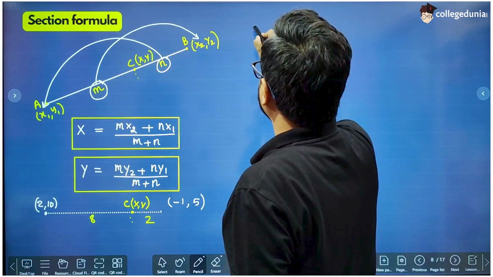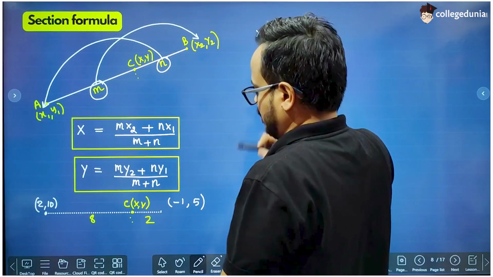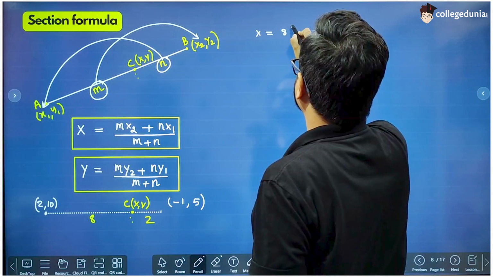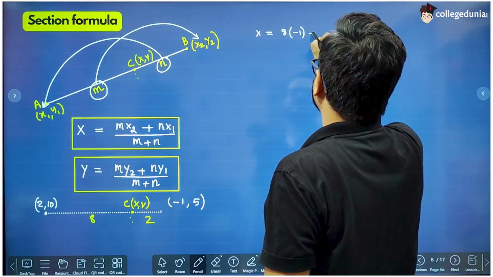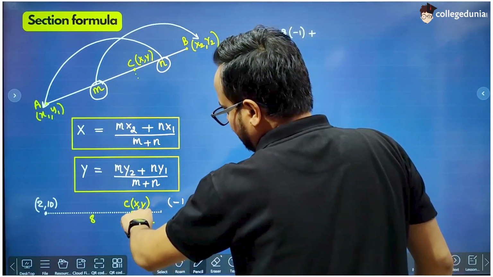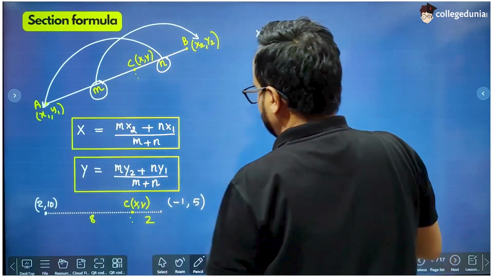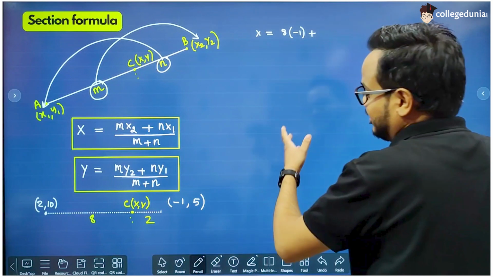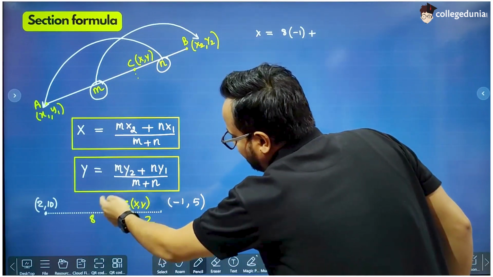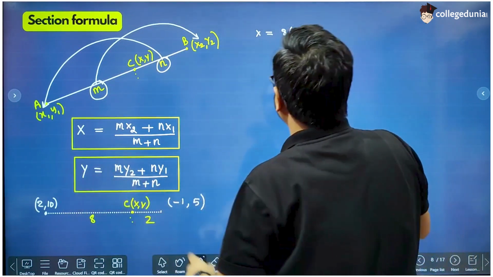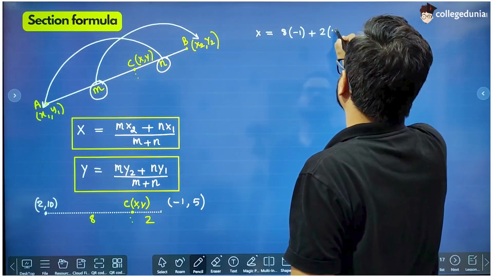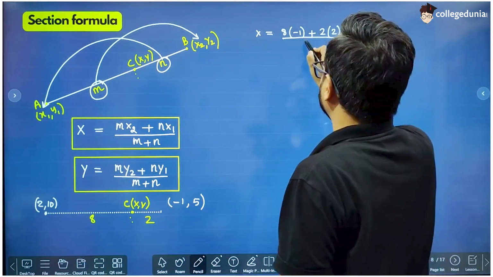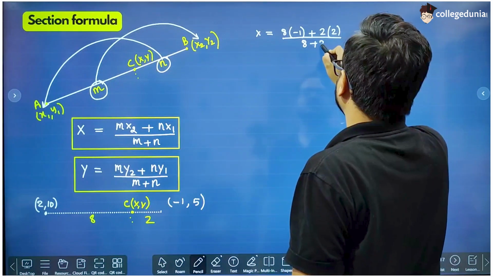Okay, so what is the x coordinate? Take 8 and multiply it with -1 plus, take 2 and multiply that with 2. Sorry, we are still finding the x coordinate. So the x coordinate is 8 into -1 plus 2 into 2, divided by the sum, that is 8 plus 2.